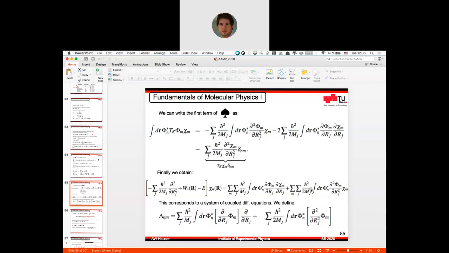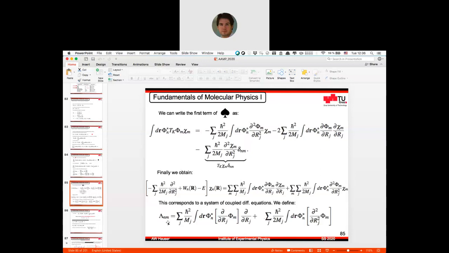Okay, this looks a little bit complicated because we have these mixed terms, but we can simplify this at least in the way we write it by simply defining that this right-hand side of the equation is our lambda nm.